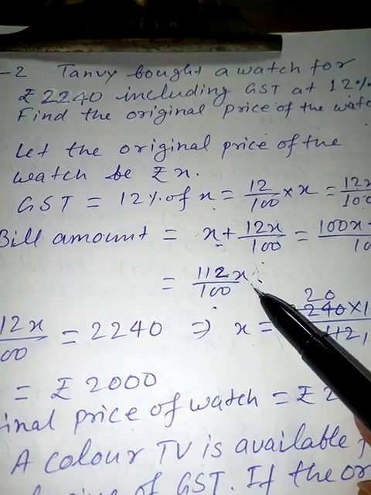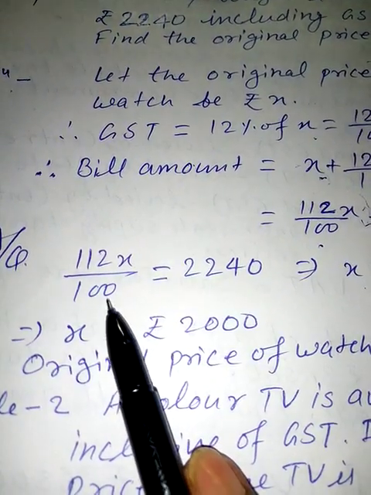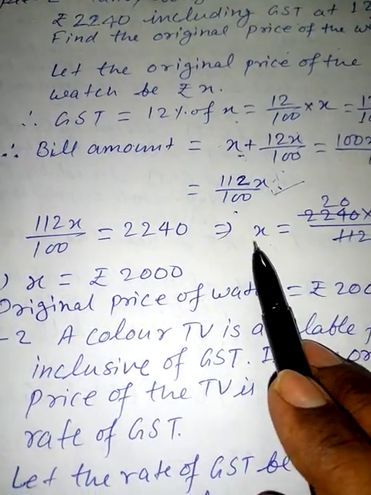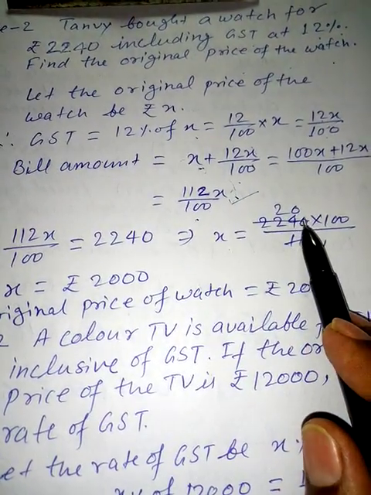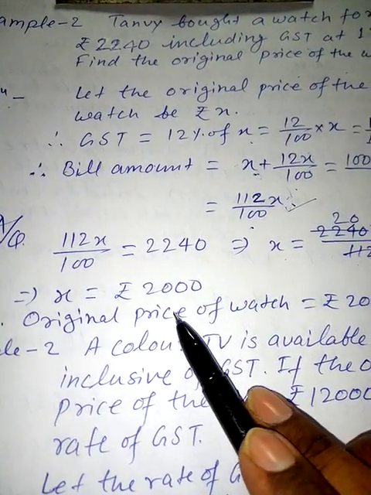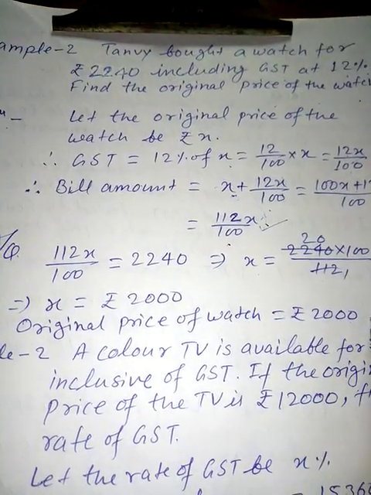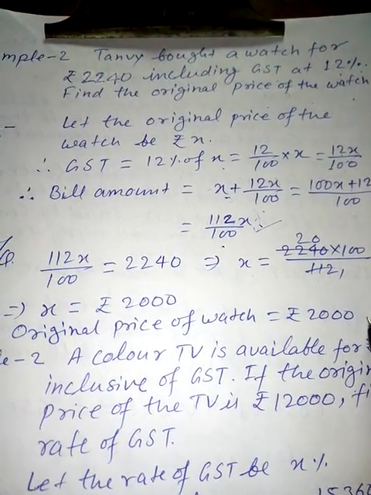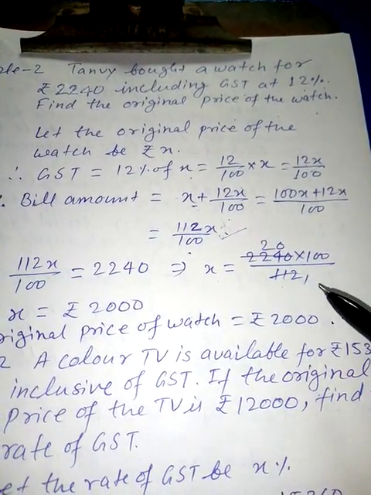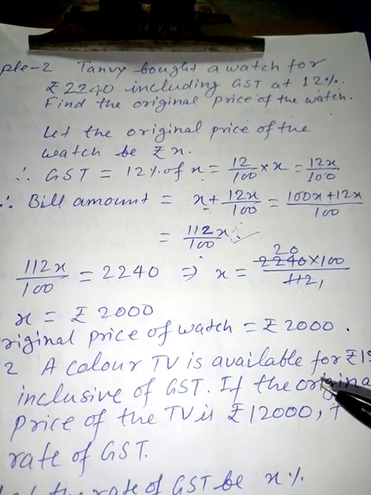So we equate them: 112X by 100 equals 2,240. After the law of transposition, X equals 2,240 into 100 by 112, and that will give you 2,000. It means the original price of the watch equals 2,000 rupees, and Tanvi paid 240 rupees for GST.